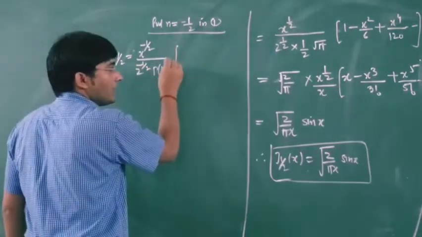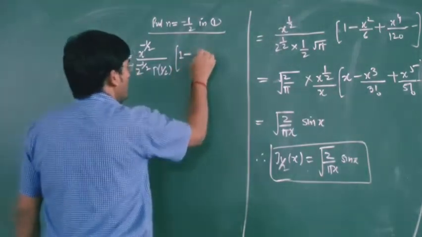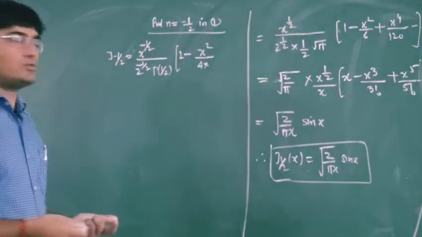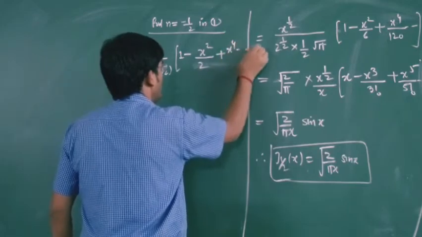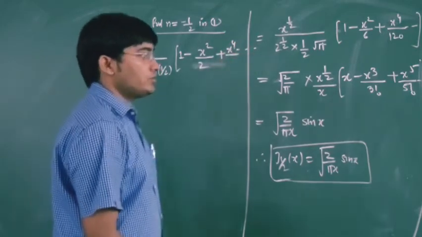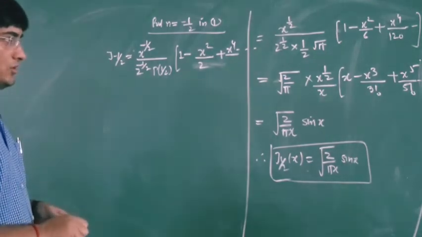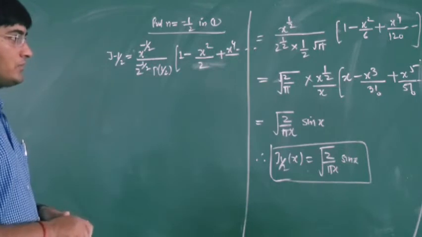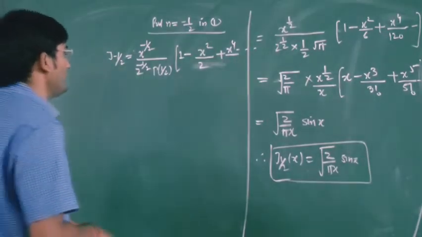Now in the bracket we will have 1 minus x square upon 4 into minus half plus 1, so this will be just 2. Then our next term will be x power 4 upon, so if you put n equal to minus half, that will be half into 3 by 2. So again our 4 will get cancelled. Then we will have 3 into 6 into 4, so that will be 24.